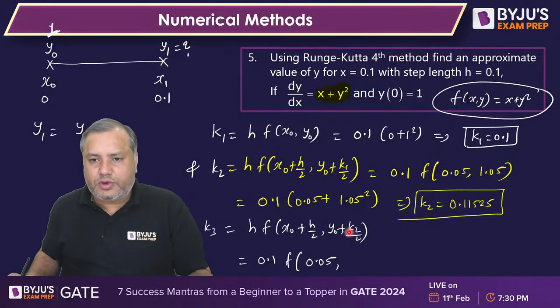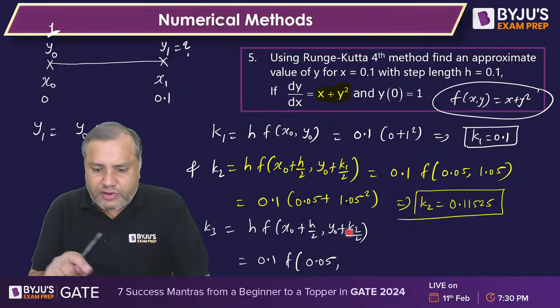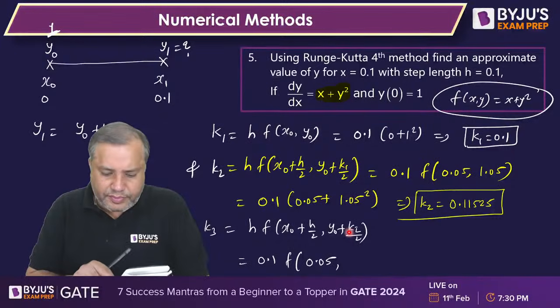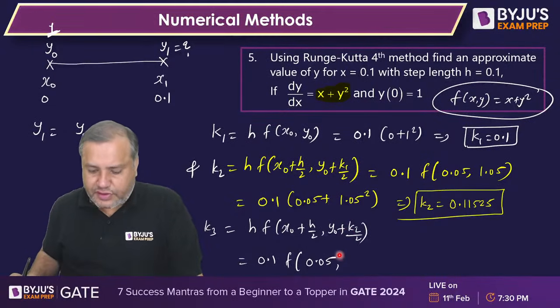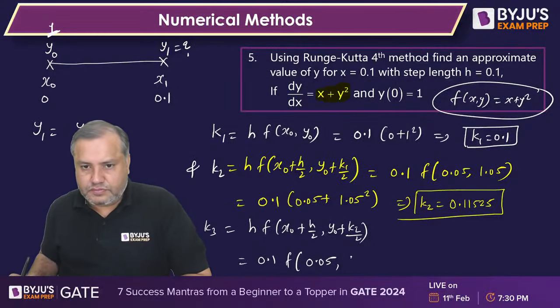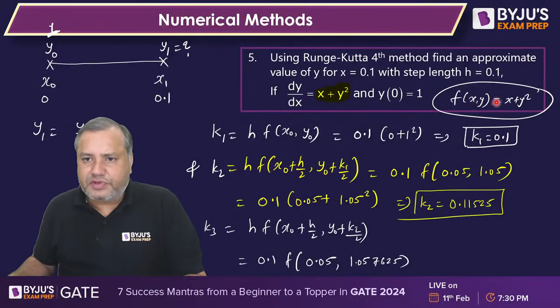Y naught plus k2 by 2: 0.11525 divided by 2 plus 1 is 1.05762. So you need to put these values of x and y in this formula.